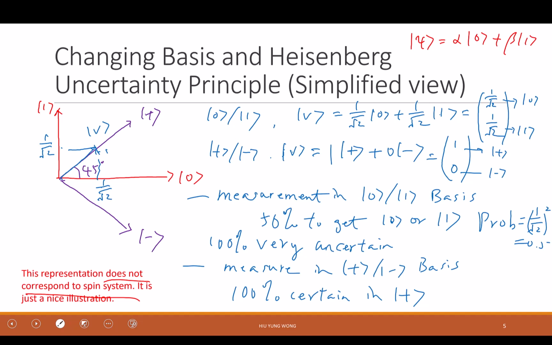It's just like here, I want to measure this state, which is a superposition of many basis states. I want to measure whether it's plus or minus. Okay, then you set up an experiment. It will tell you whether it's plus or minus. Or you set up an experiment, it will tell you whether it's 0 or 1. But if you measure accurately in the 0 state, you are going to lose all the information in the plus minus state.